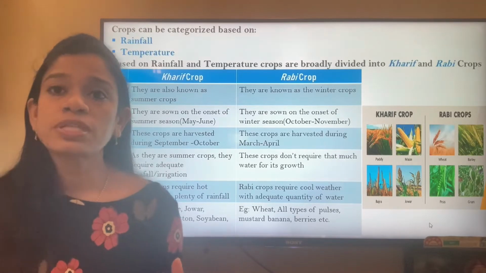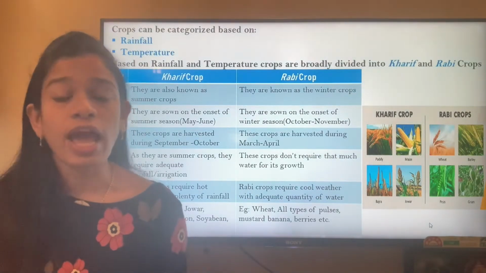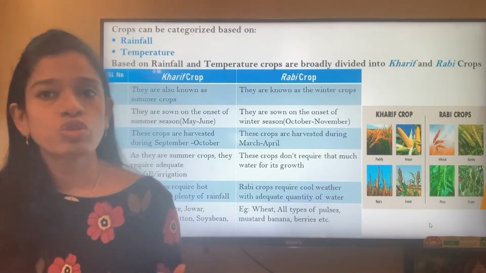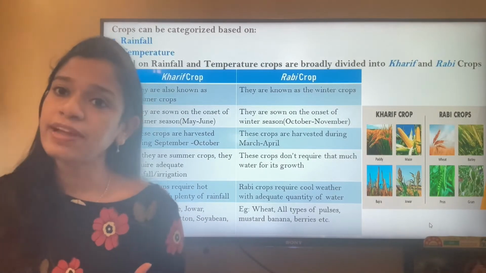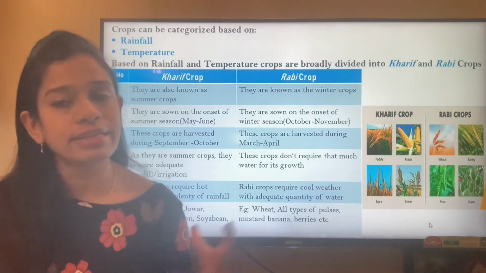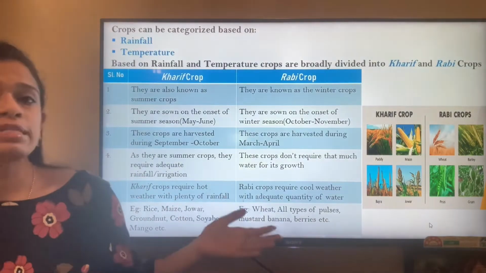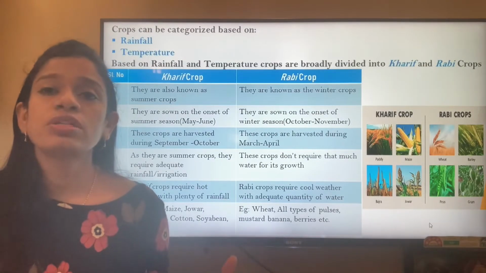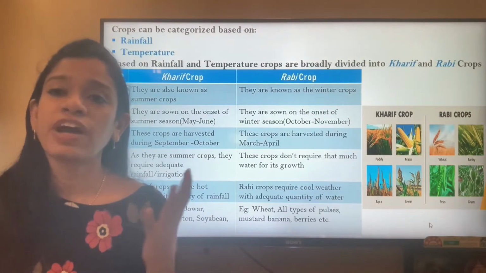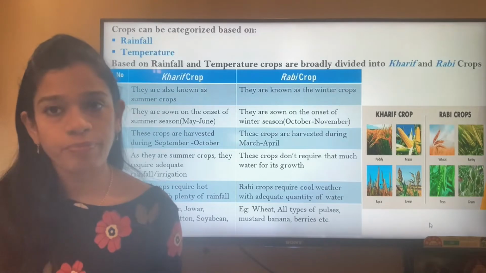So Kharif crops love more rain and more temperature, so they are called summer crops, and Rabi crops love less rain and less temperature. Now let's understand the difference between the Kharif and Rabi crops, because 90% of crops fall under these two heads.